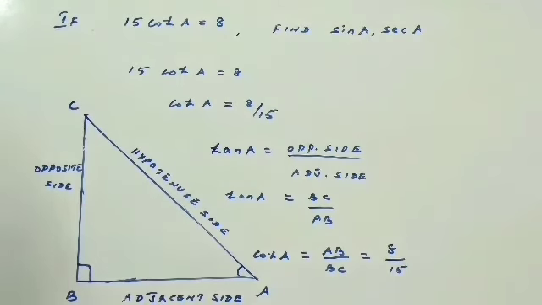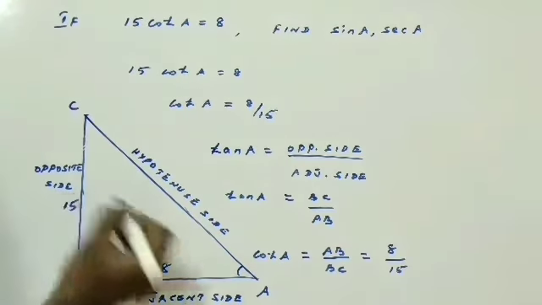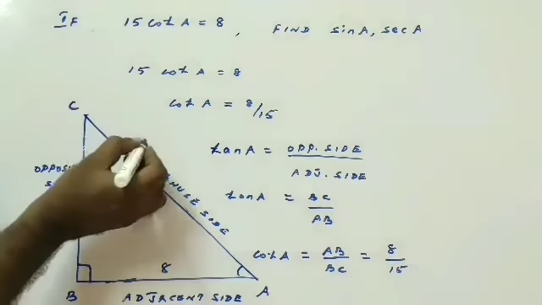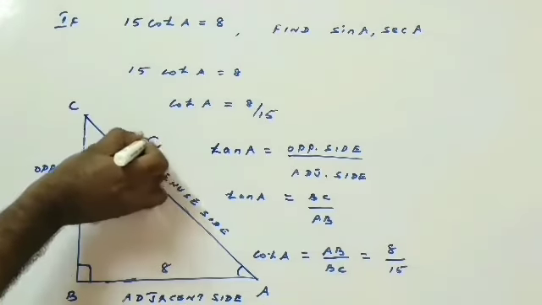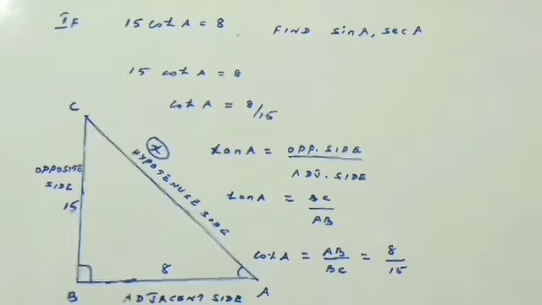So the value AB is 8, we can put here 8, and for BC the value is 15. This is cot A value. We don't know the value of hypotenuse side. Just put it x. By using Pythagoras theorem, we can find the hypotenuse side.